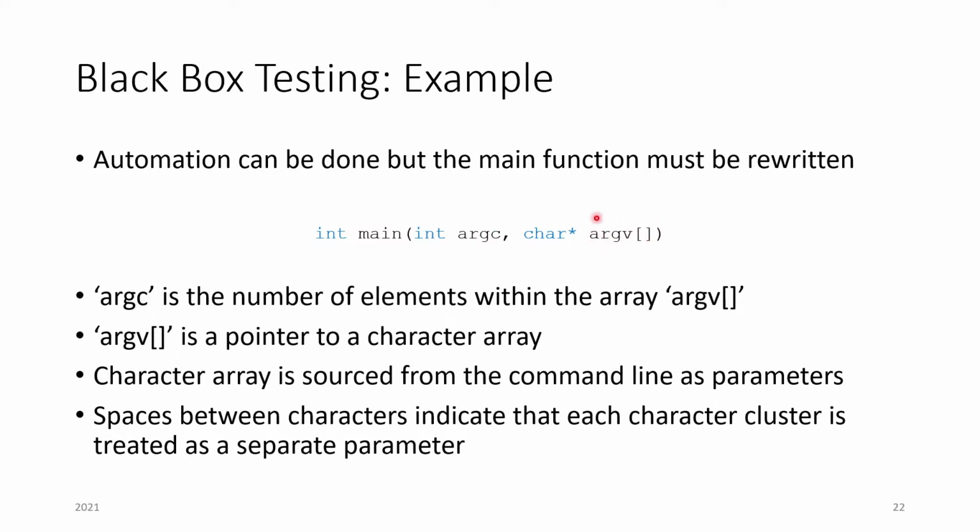And argv is basically a character array sourced from the command line. We're going to see a practical example of this in a few slides, and also live here as well. The spaces between characters are treated as separators, between each character cluster, where each cluster is treated as a separate parameter.